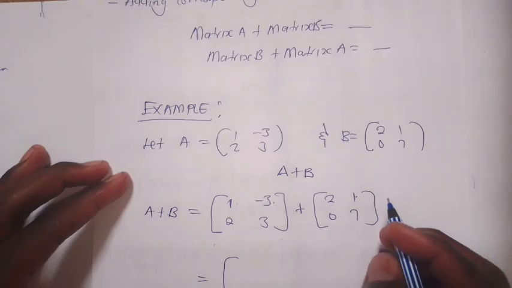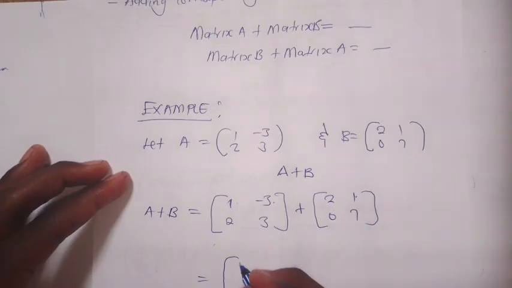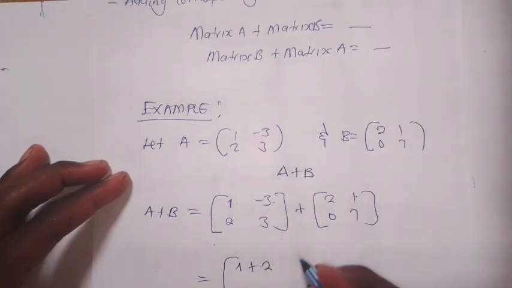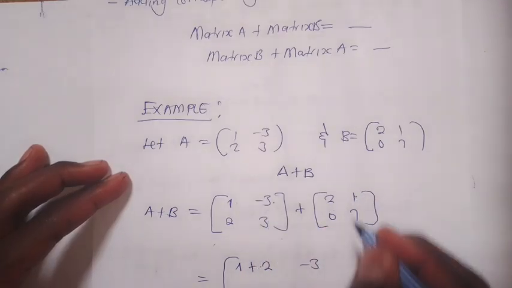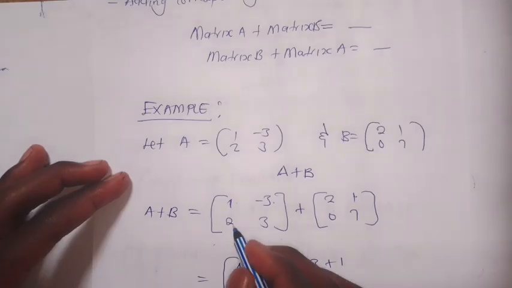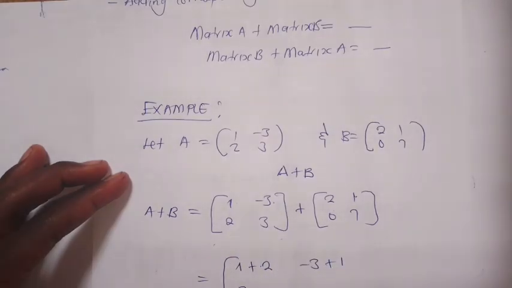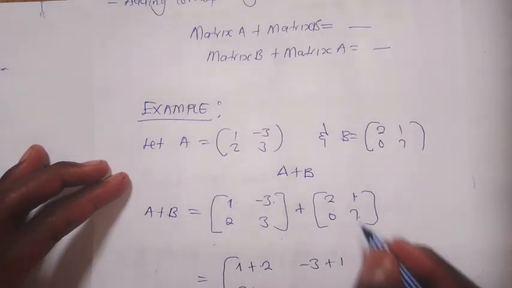So you say 1 plus 2, then negative 3 plus 1, 2 plus 0, 3 plus 7.